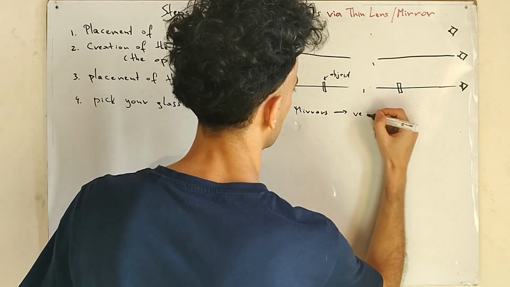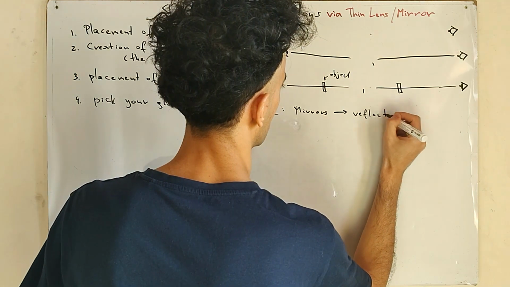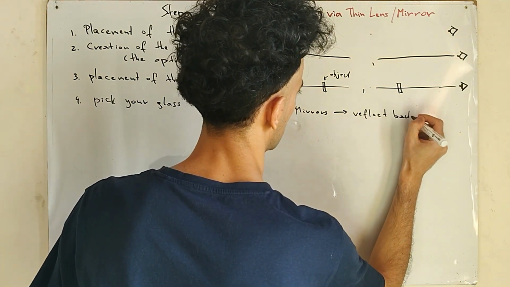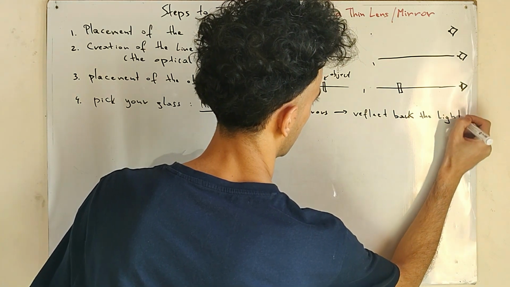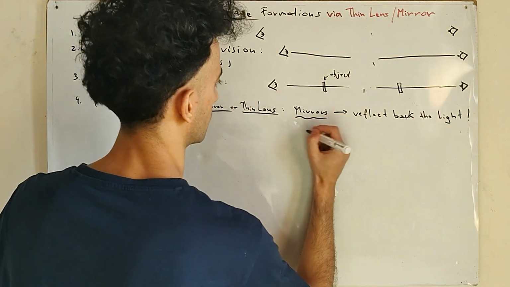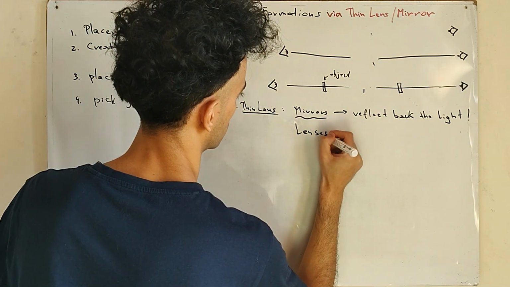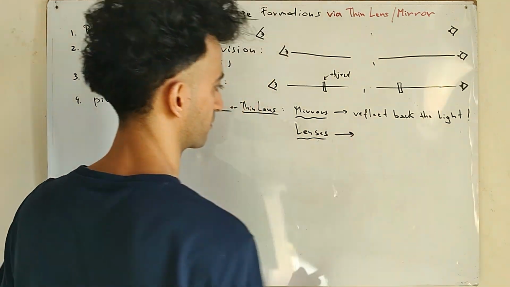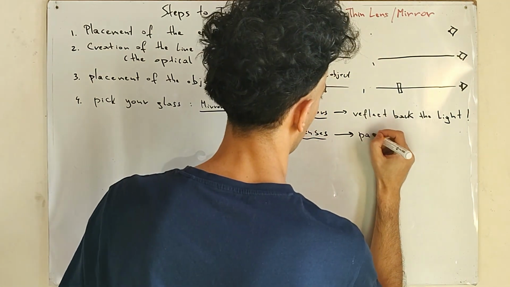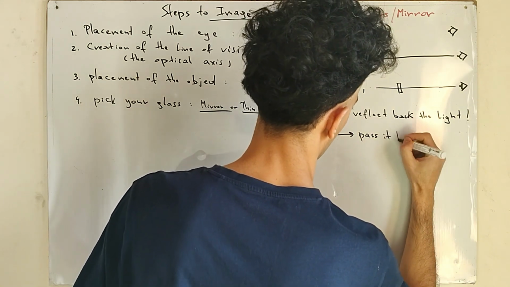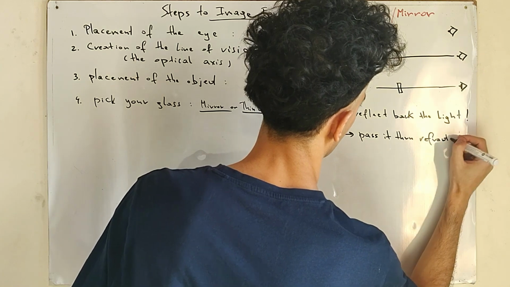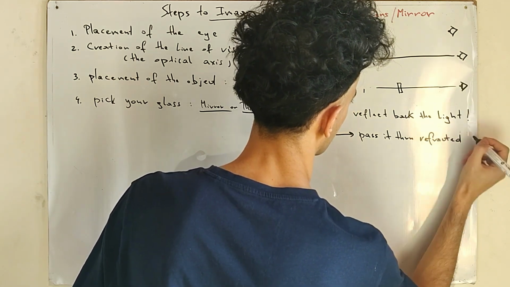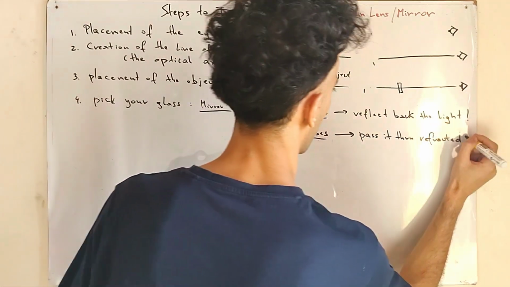They reflect light backwards. Okay? Lenses. What do they do? They pass it through, but refract it. So, deflect it slightly in its direction, in its angle.